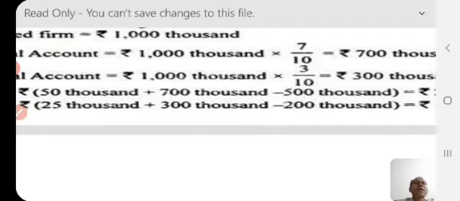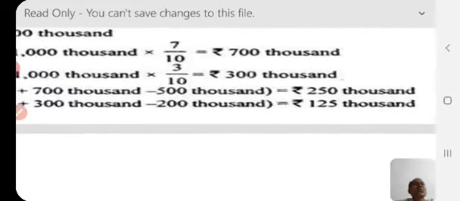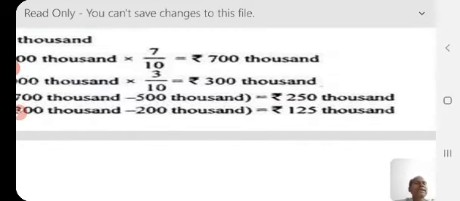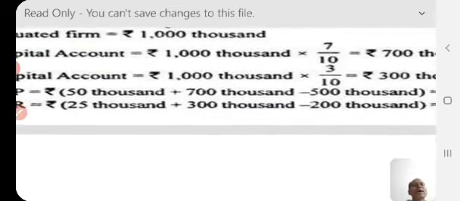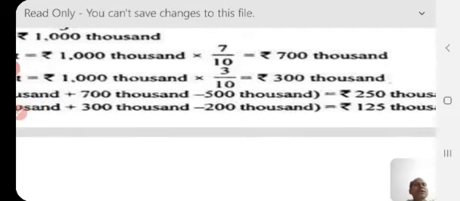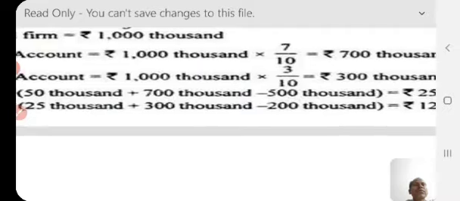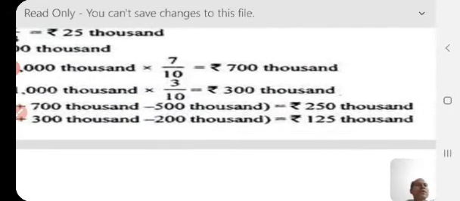So 700,000 plus 50,000 minus 500,000 is 250,000 rupees to be brought by P. Already P has a capital of 500 at present in the partnership firm, but he has to maintain 750,000 as per the adjustments. So 750 minus 500 is 250,000.